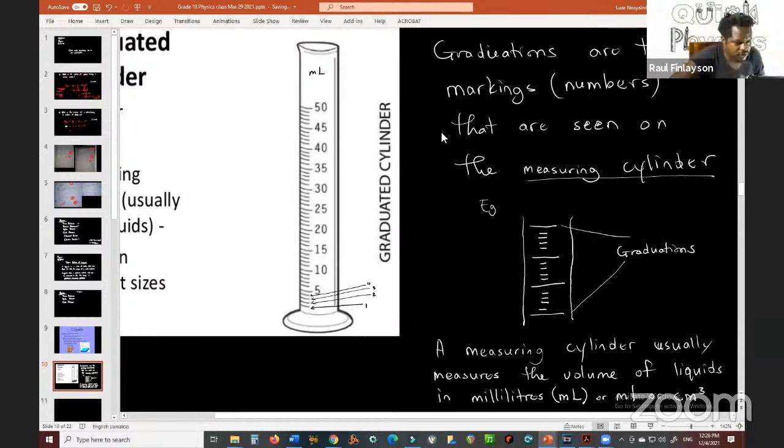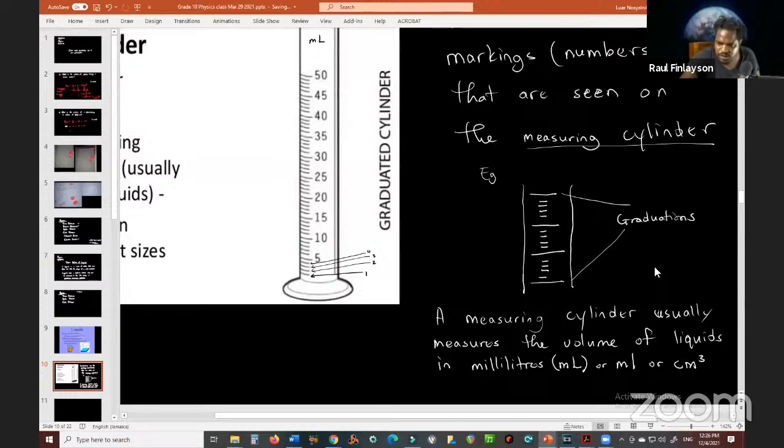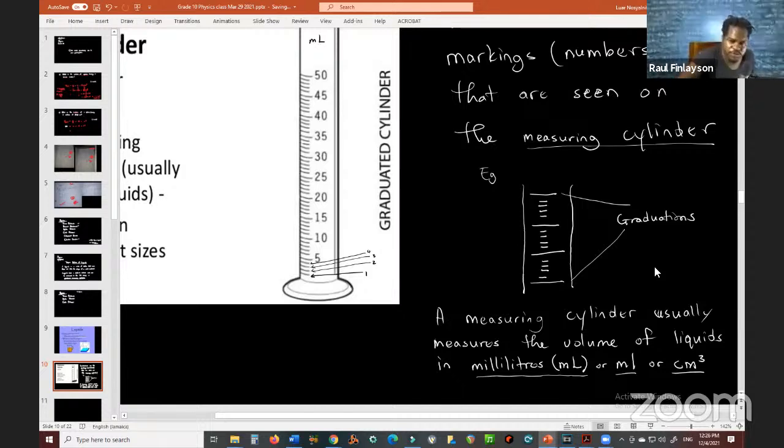All right. So you guys need to learn today that there are really 3 units we can use. Well, actually 2 units that we use for measuring the volume of liquids. One is milliliters and the other is centimeters cubed. Again, this is for lab purposes, guys. We said in previous class that the SI unit for volume is always the meters cubed. However, in the lab, we get our measurements in milliliters and we have to convert them.